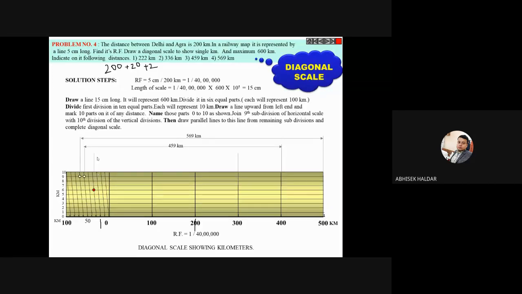Draw a vertical line from that point, and outside the scale write 336 kilometers. And the last one is 222 kilometers. That means 0 to 200, that is my 200 kilometer. 20 means 10, 20, from 0 I go to the left, and 2 means first point, second point. From this point I will draw a vertical line, and the distance in between gives me 222 kilometers.